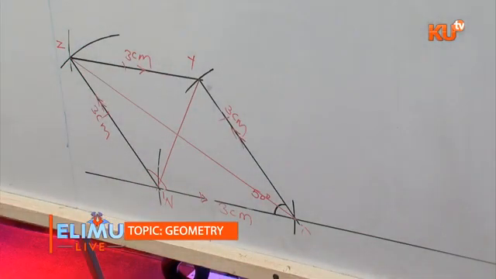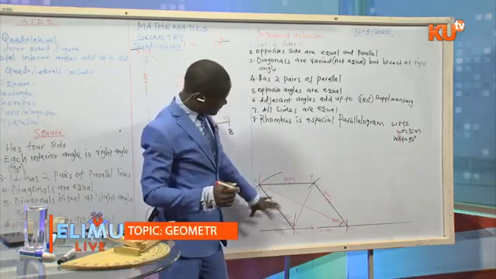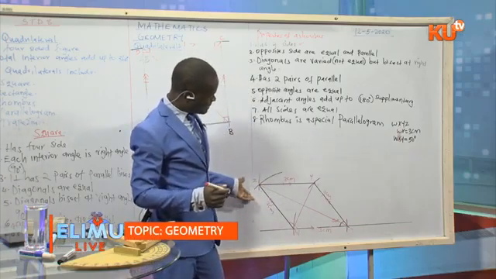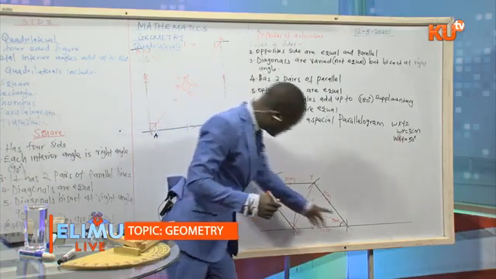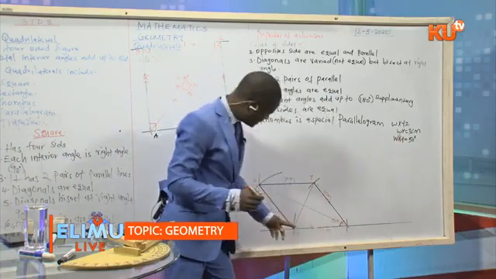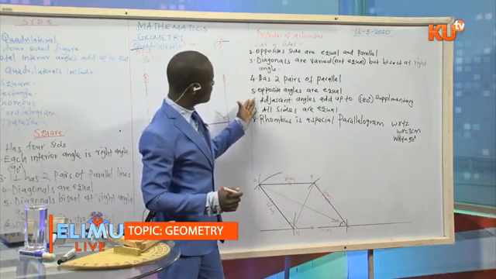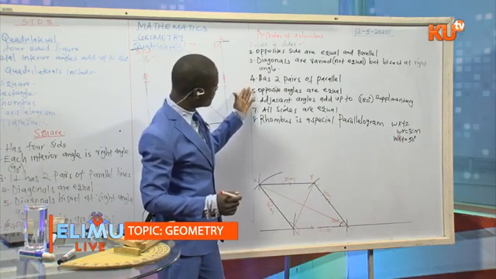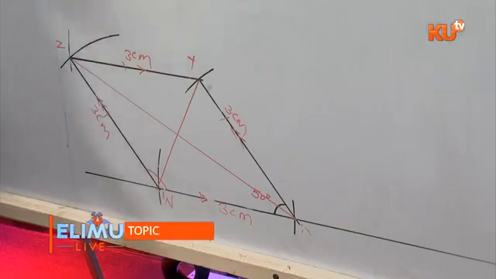If you keenly observe this rhombus, it is evident that line ZX is longer than line WY. And that's why we said here that diagonals are varied. This diagonal and this diagonal are not equal.